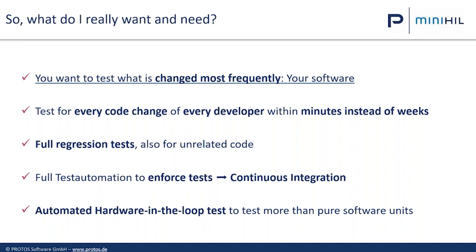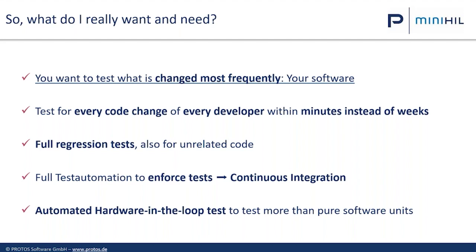The hardware at the beginning maybe changes every couple of weeks, later every couple of months, but your software changes several times a day, or even more if you have a bigger team. And so you want to test every code change of every developer within minutes instead of weeks or even months.